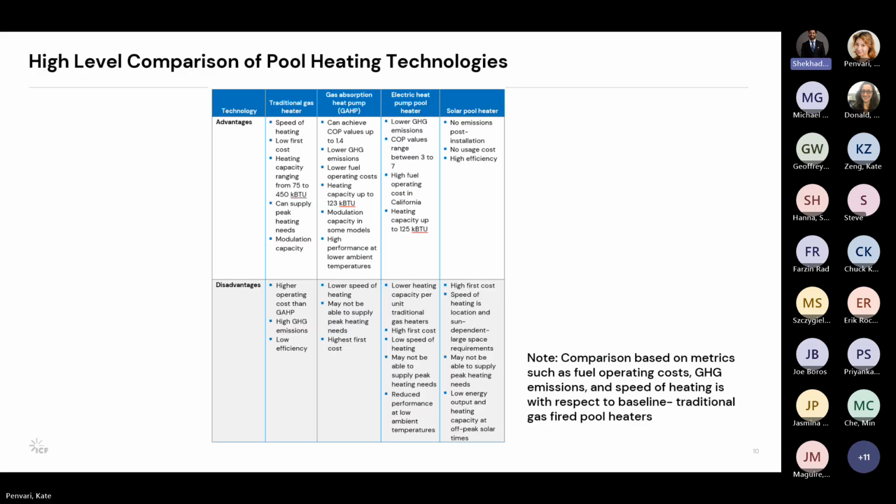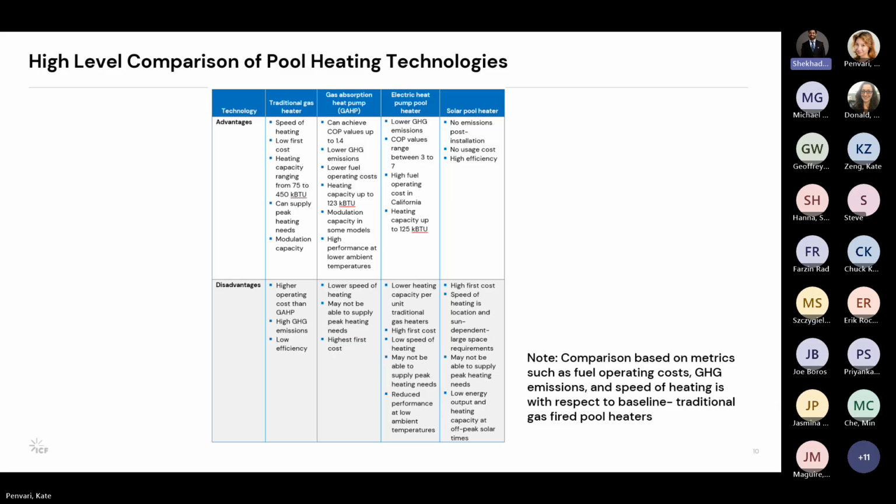So this slide denotes a high-level comparison of different types of pool heating technologies, including traditional gas-fired heating, GHAPs, electric heat pump, and solar pool heater. The comparison on different metrics is with respect to the baseline traditional gas-fired pool heaters.